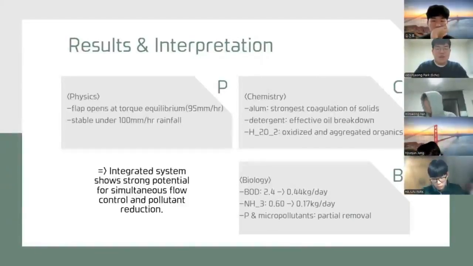While phosphorus and micropollutants were somewhat reduced, additional processing was required. The physics results confirmed that the flap reliably opened and locked at 95 millimeters per hour rainfall, preventing overflow. Furthermore, the flap's structural stability was maintained even under 100 millimeters per hour.